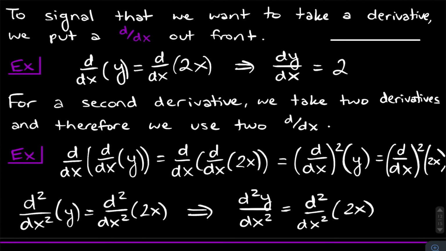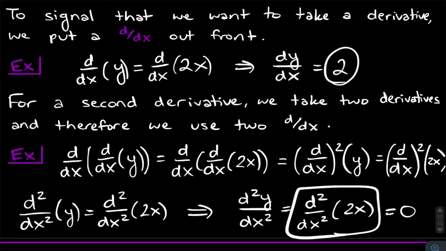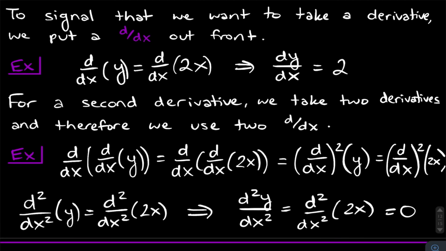Its slope is 0. And so in this case, this would be 0, right? Hopefully that makes sense, because that's what this is meaning. It's the double derivative of 2x. And so yeah, that just ends up being 0, okay?